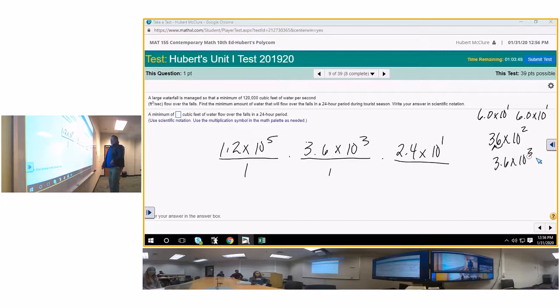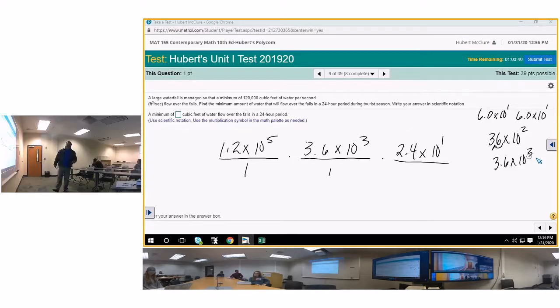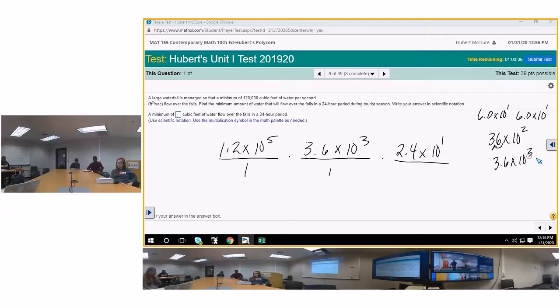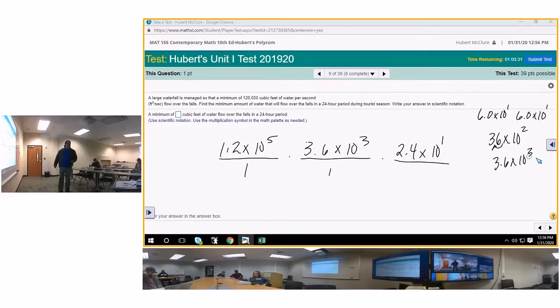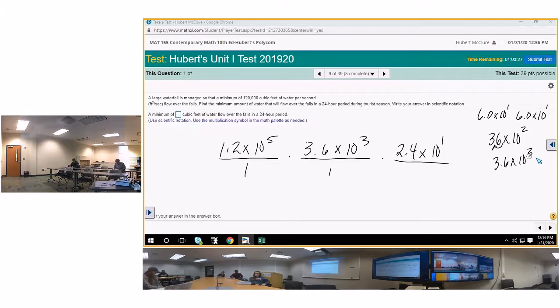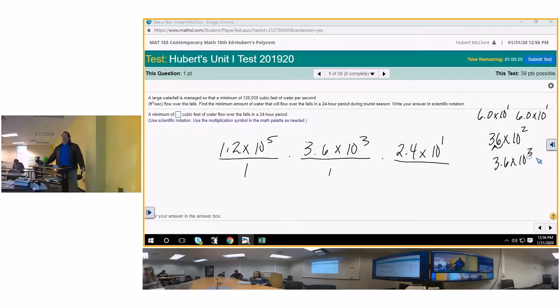Why did I have 8 on the last problem? I had 10 to the 8th on the last problem. Somebody go back and check that. Was it 5, 3, and 1? I'm going to go back and check that one. Somebody check the work on that last one, the last waterfall question.